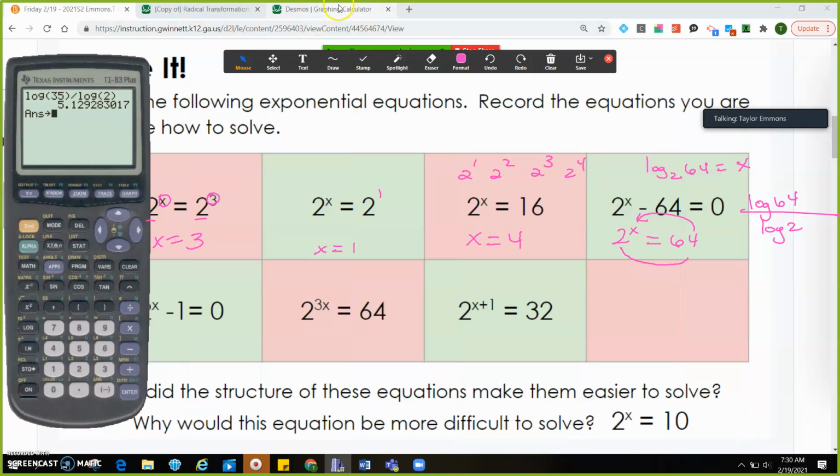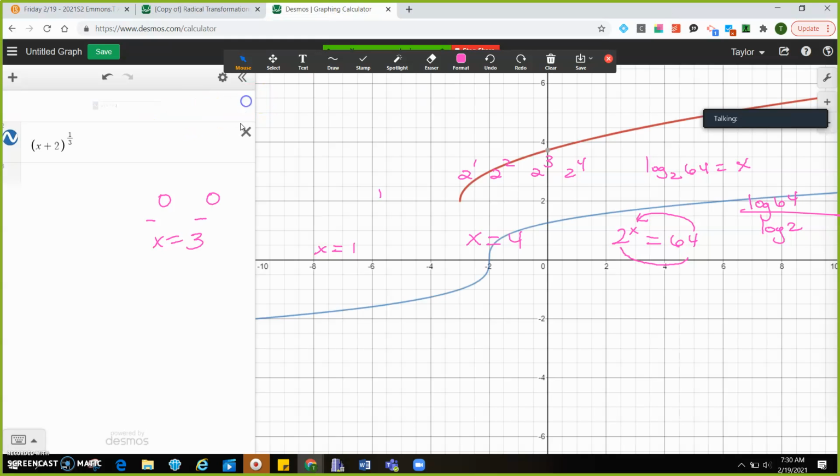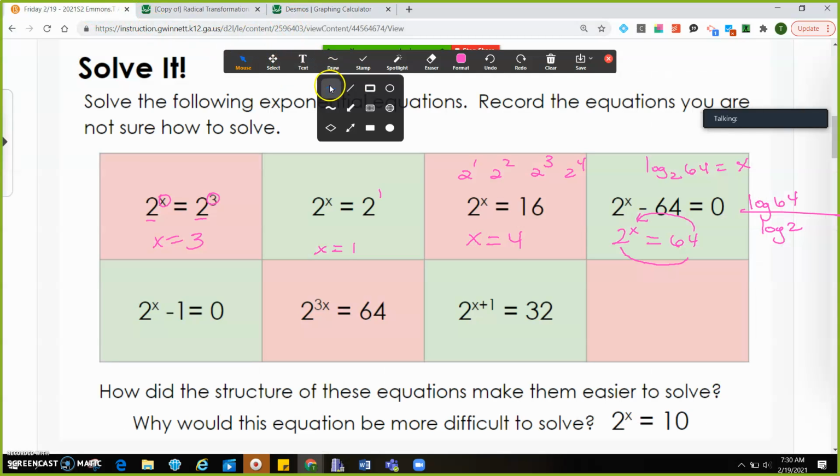Okay, cool. So if I go into my graphing calculator and I type log of 64 divided by log of 2, then that's going to give me 6, right? So 2 to the 6th power is going to give me 64.